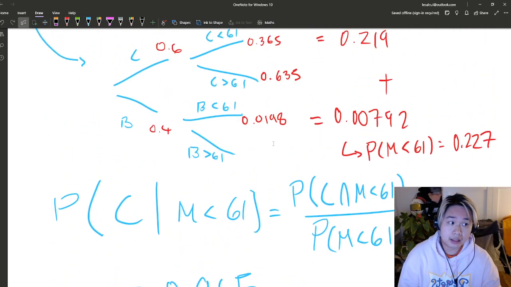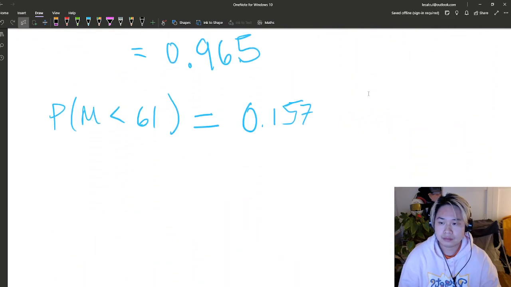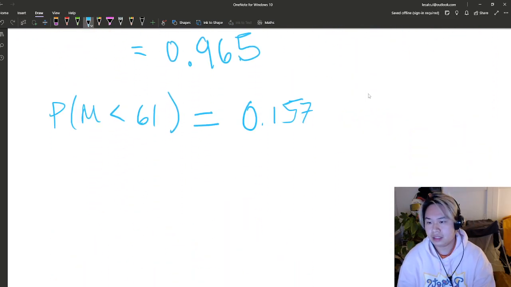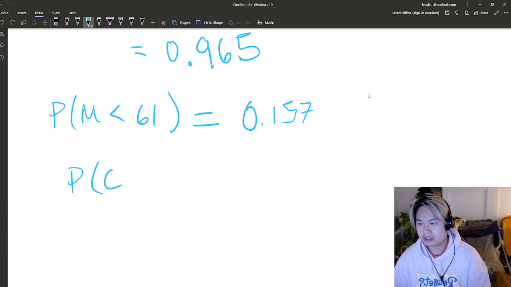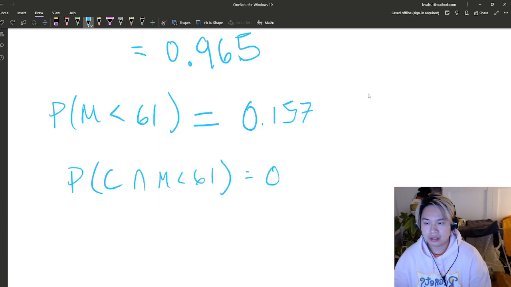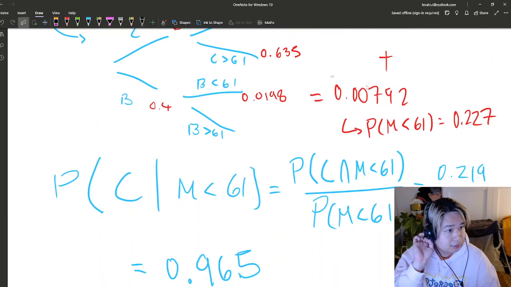All right. The banana muffin machine has not changed, so I'm going to subtract this from it, because that would give me a new probability for the chocolate machine. So this means that the probability that the muffin is chocolate and less than 61 is the total probability of being less than 61 minus the probability of the banana one being less than 61.